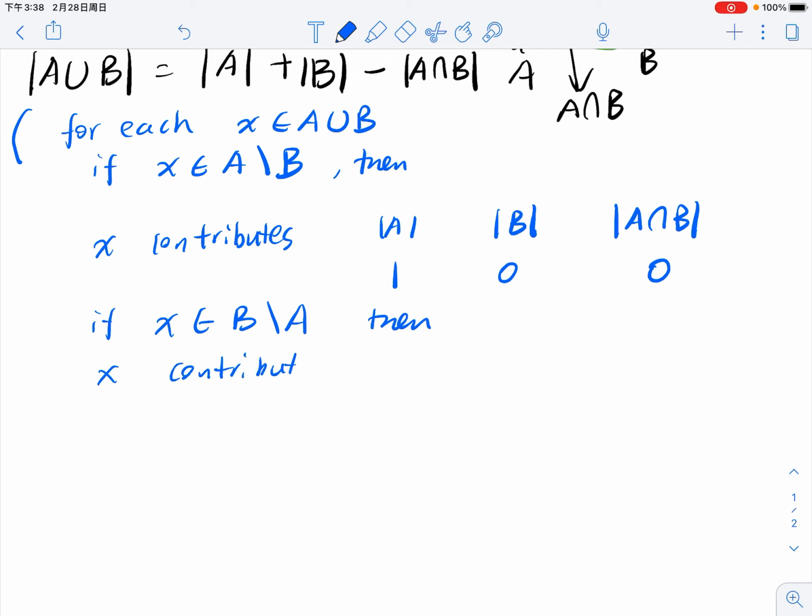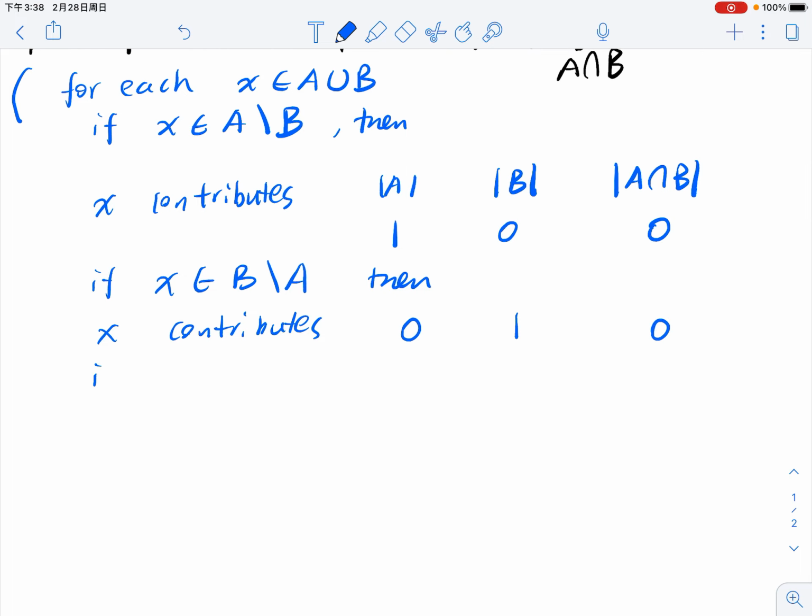contributes 0 to absolute value of A, 1 to absolute value of B, 0 to A intersection B. And if X is in both, then X contributes 1, 1, 1.